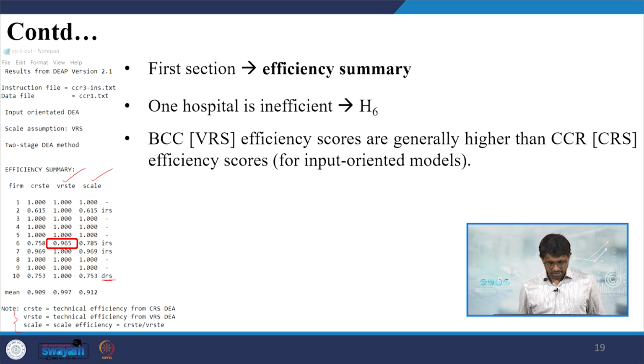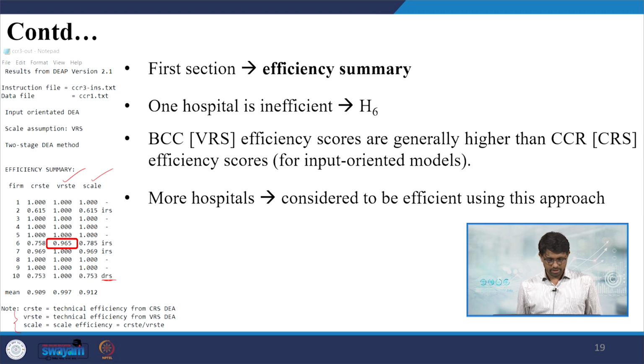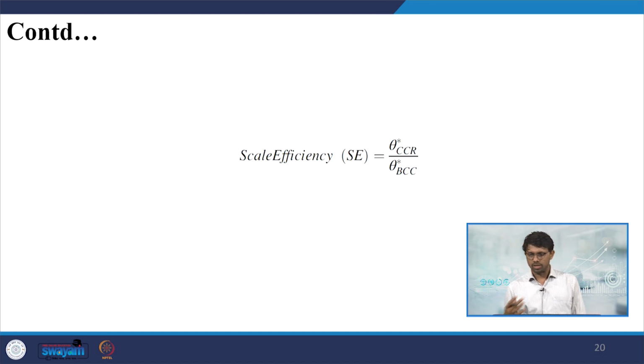BCC VRS efficiency scores are generally higher than the CCR efficiency scores for input oriented models. More hospitals are considered efficient using this particular approach whenever we have more hospitals or more DMUs.